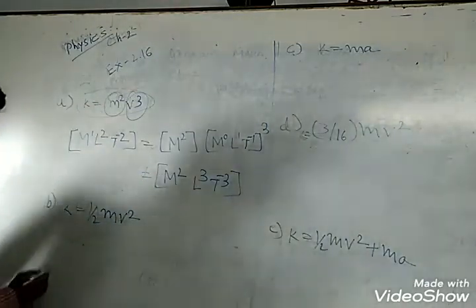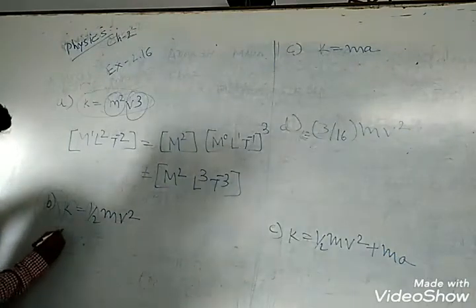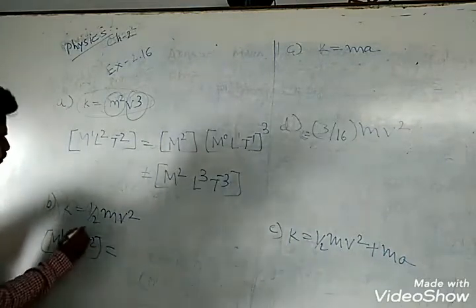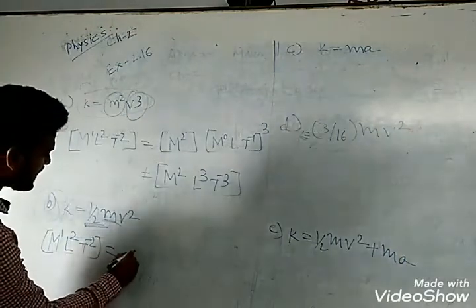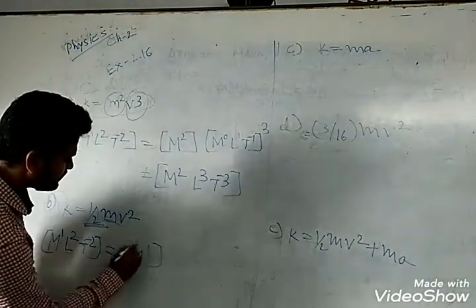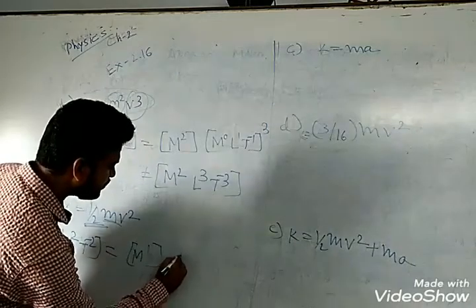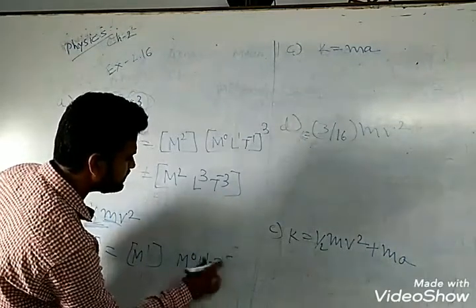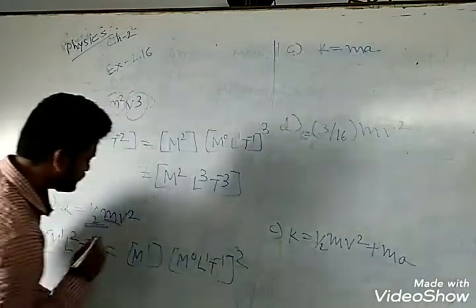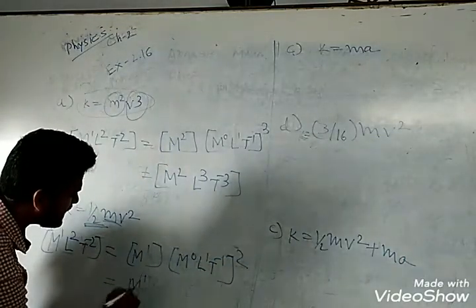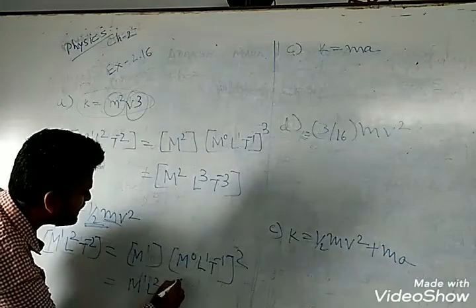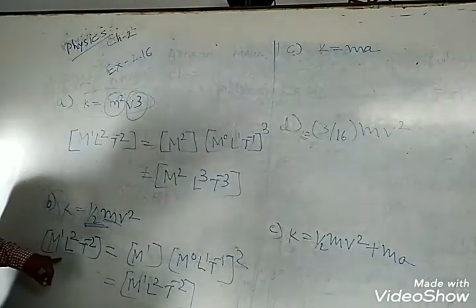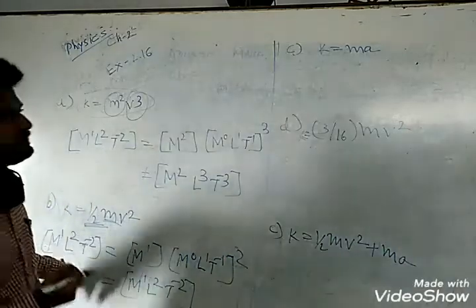In the second case, again we know that the kinetic energy is M¹L²T⁻², which is equal to 1/2, a constant value, times m, the mass of body, M¹, and velocity, with dimensional formula M⁰L¹T⁻¹ squared. So the final answer is M¹L²T⁻². In this portion, we see that left hand side is equal to right hand side.